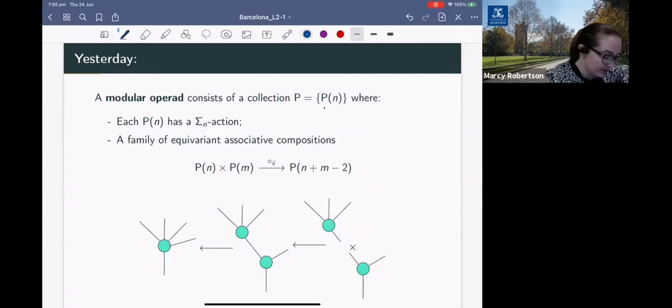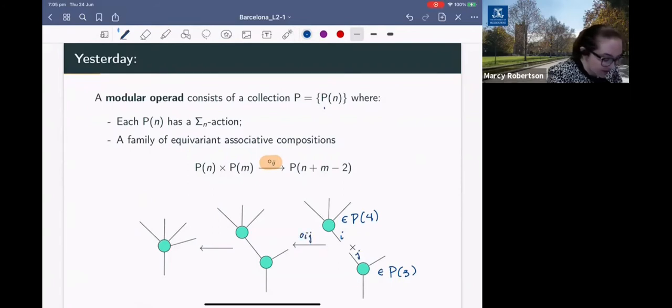And then I want a family of equivariant associative composition maps, which I'm going to write with the circ_ij. Here, I'm thinking about this element, an element of P4, with a little leg that I've labeled i, and this element of P3, with a little leg that I've labeled j, and I've decided I want to compose them.